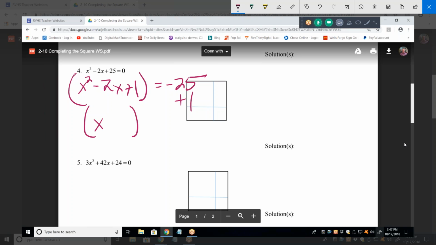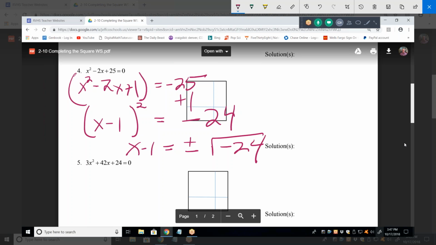X minus 2. Wait, no, never mind. X minus 1 squared equals 24, or negative 24. Next step. X minus 1 equals the positive or negative square root of negative 24.